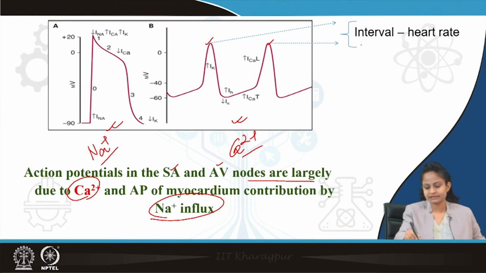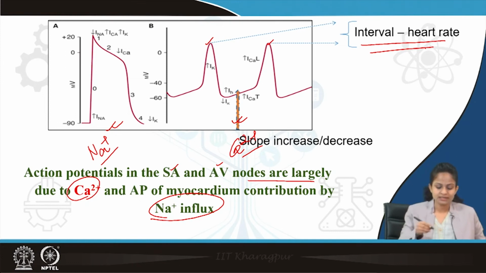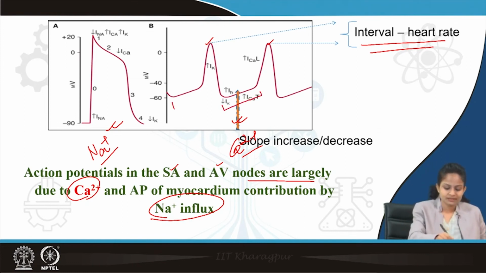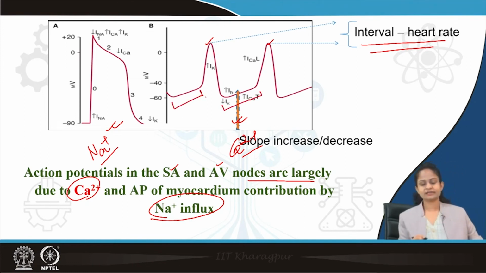Now, these peaks mainly determine the heart rate interval. The interval between these two peaks gives you the heart rate, and the prepotential or pacemaker potential slope usually increases or decreases based on the stimulation of our body system, whether we give sympathetic stimulation or parasympathetic stimulation.